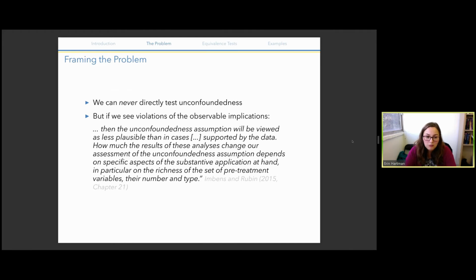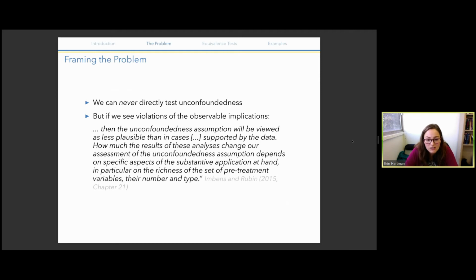So what is the problem? Once again, and I can't emphasize this enough, we can never directly test unconfoundedness. There's no direct test of usually of our identifying assumptions. But as we see in the Imbens and Rubin book, if we see violations, they claim that an unconfoundedness assumption should be viewed as less plausible in cases that are not supported by the data.